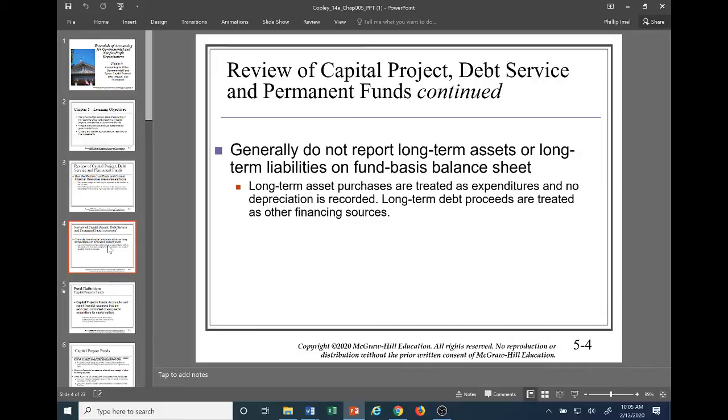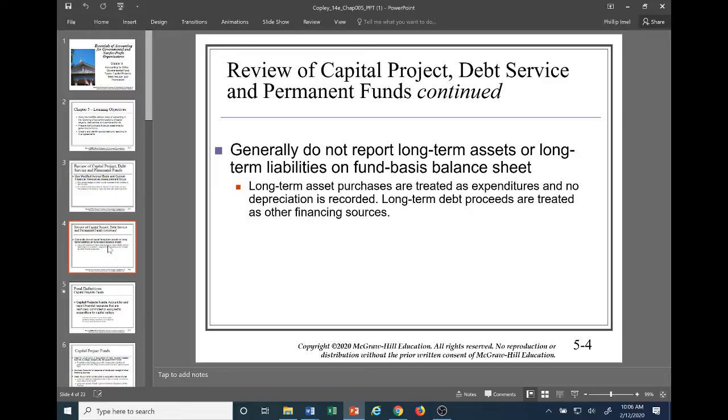Generally, they do not report long-term assets or long-term liabilities on the fund basis balance sheet. We know this because why? It operates on what type of accounting? Modified, right. And with modified accrual, we're only concerned with what? Short-term, current resources, right? So long-term asset purchases are going to be treated as an expenditure within the fund.